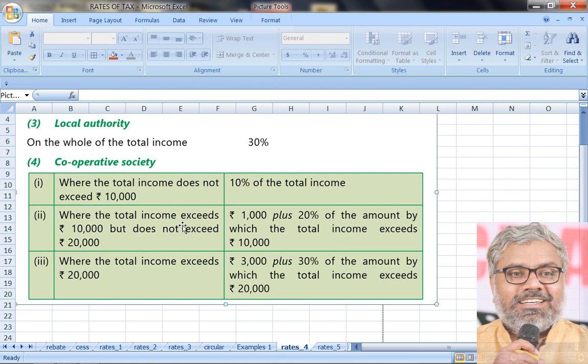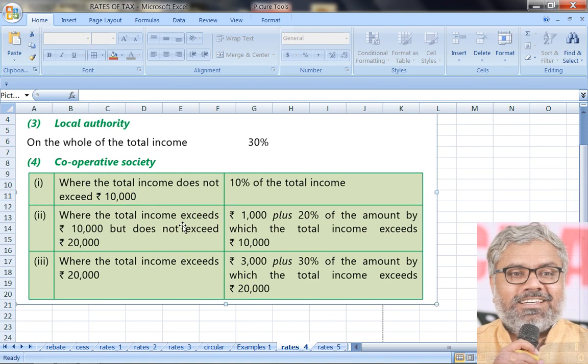So there is no basic exemption limit here. Straight away tax will start for a cooperative society, but rates are different. Rates are slab based. So 0 to 10,000, 10%. 10,000 to 20,000, 20% plus 1,000, which is related to the previous slab.